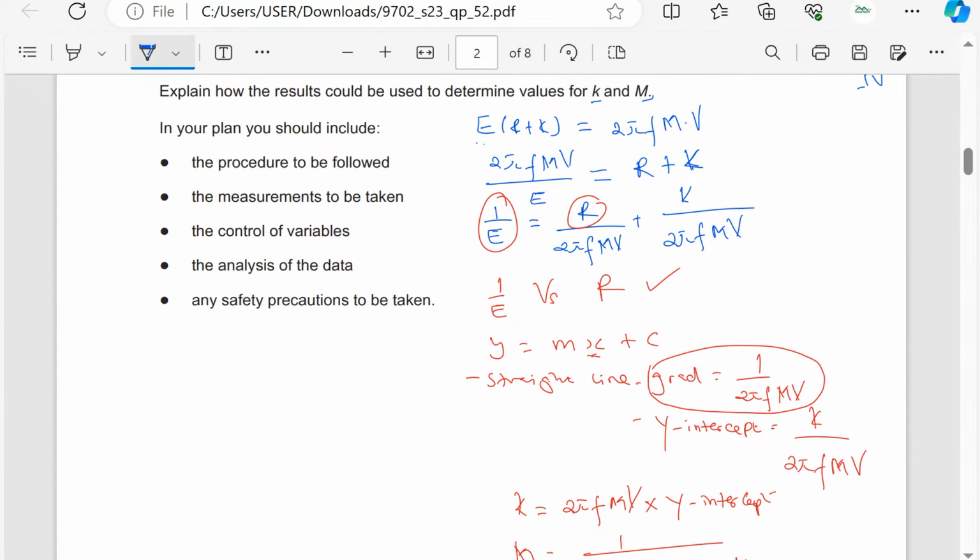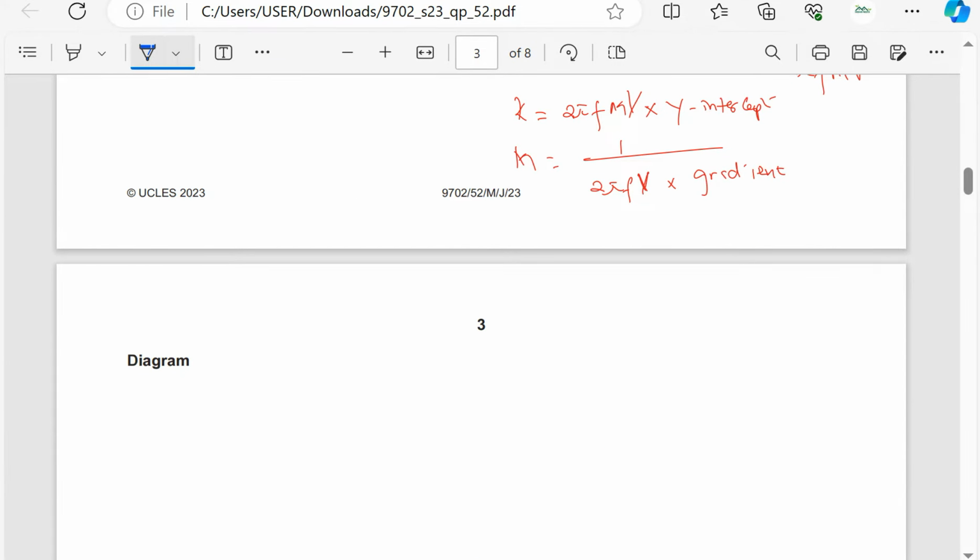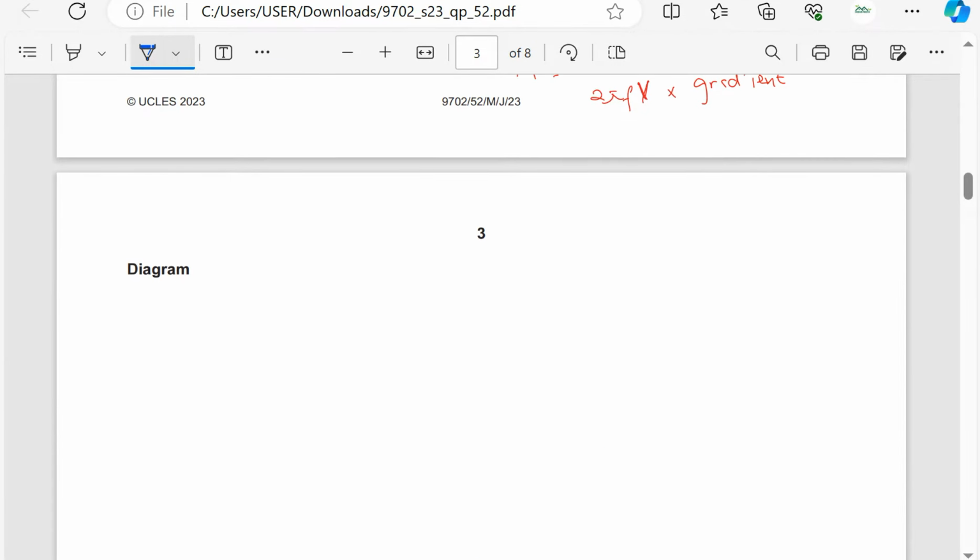So this should take you around 10 minutes. If you have the skeleton, then writing becomes very, very easy. So let's start.